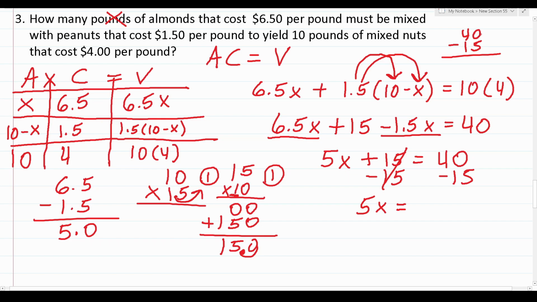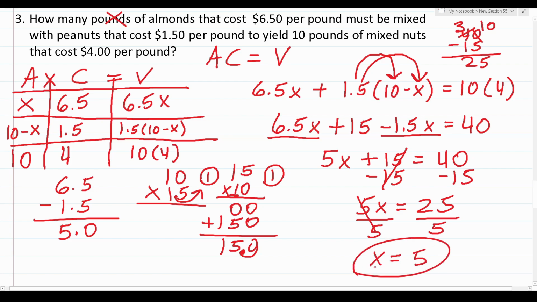So now we have 0 minus 5, which we can't do. We're going to have to borrow. This is going to become 3. This is going to become 10. 10 minus 5 is 5. 3 minus 1 is 2. So this is 25. Now we're just dividing both sides by 5 to get x by itself. This crosses out, leaving you with x equals 25 divided by 5 is 5.